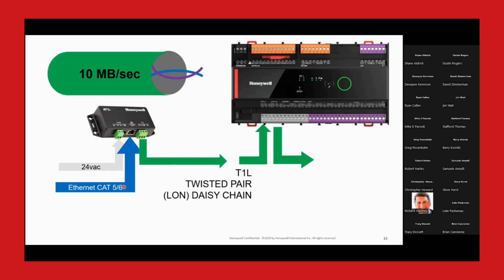So through this box here, going back to your router way over here, it'll see that as a 10 megabit connection and should auto-negotiate accordingly. So you need one of these per T1L network, and the connection to the controller is in and out. You come in on T1L1, you go out on T1L2, and there's a bridge between the ports in the controller.